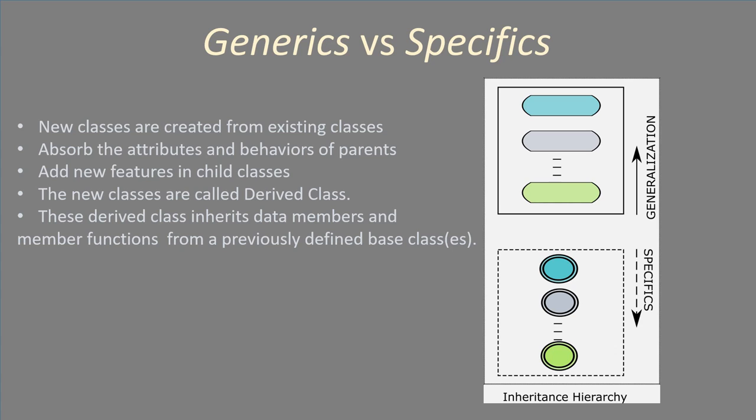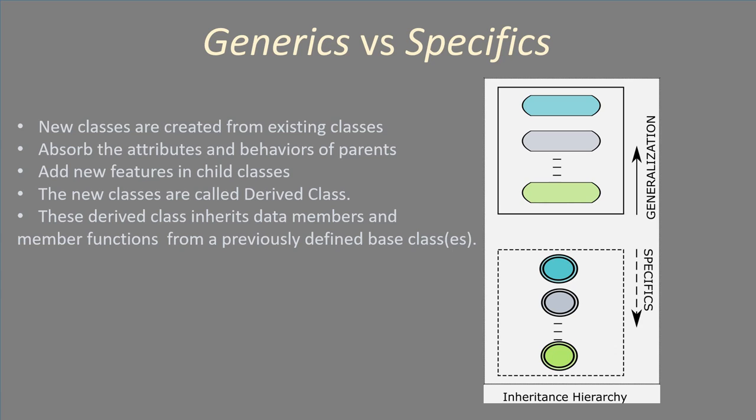Child classes can also add their own features, and these features are not directly related to the parent class, meaning the parent class cannot access features of the child class. The new classes are called the derived class.